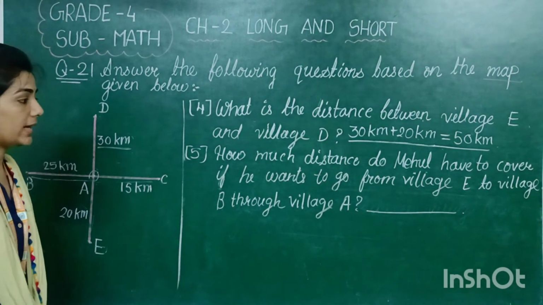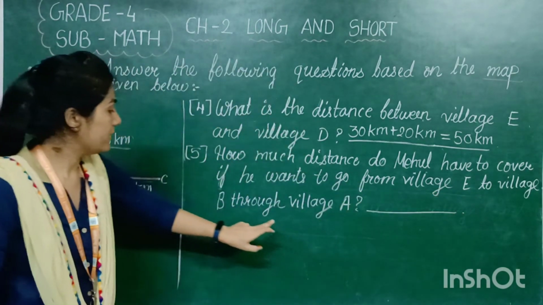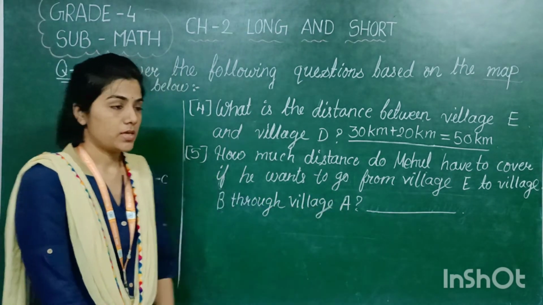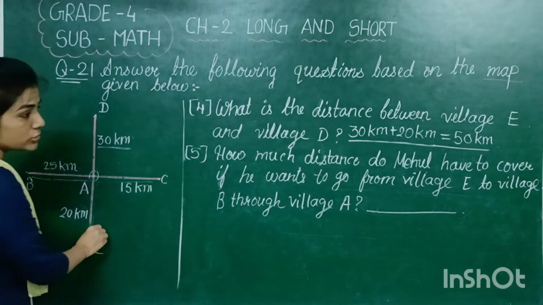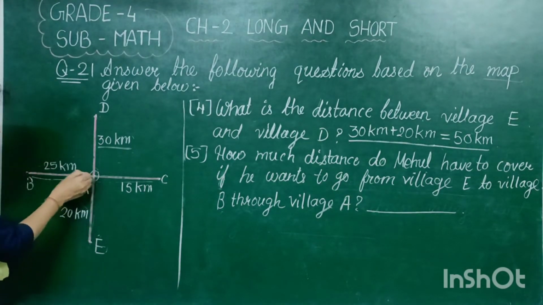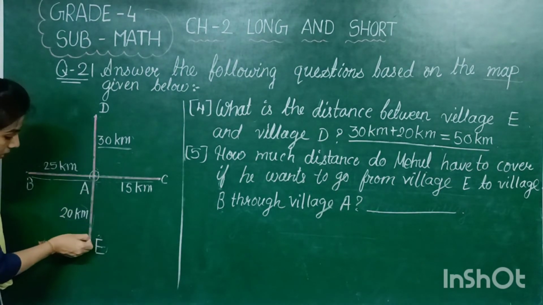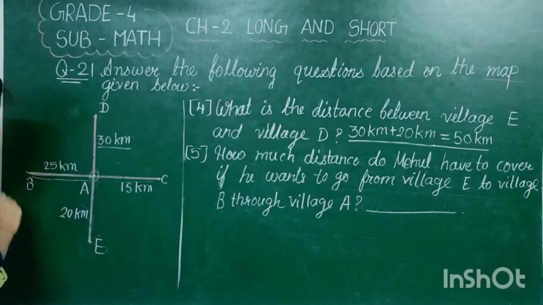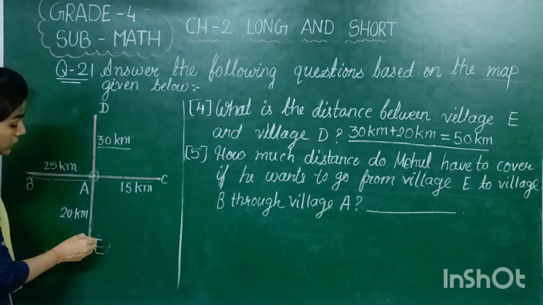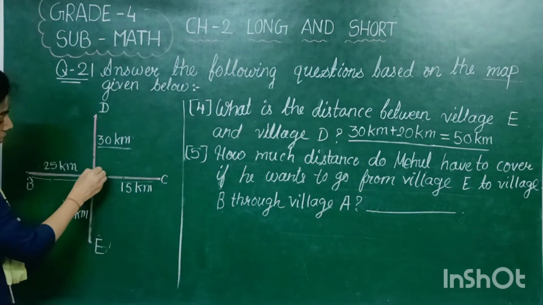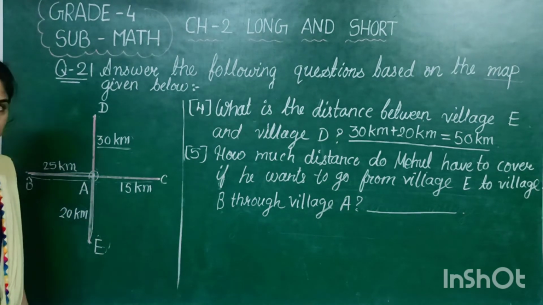This is your question, and the villages given are village E, village B as well as village A. He wants to go from village E to village B through village A. That means Mehul wants to pass from E to B, but through the A point, so this whole distance we have to cover.